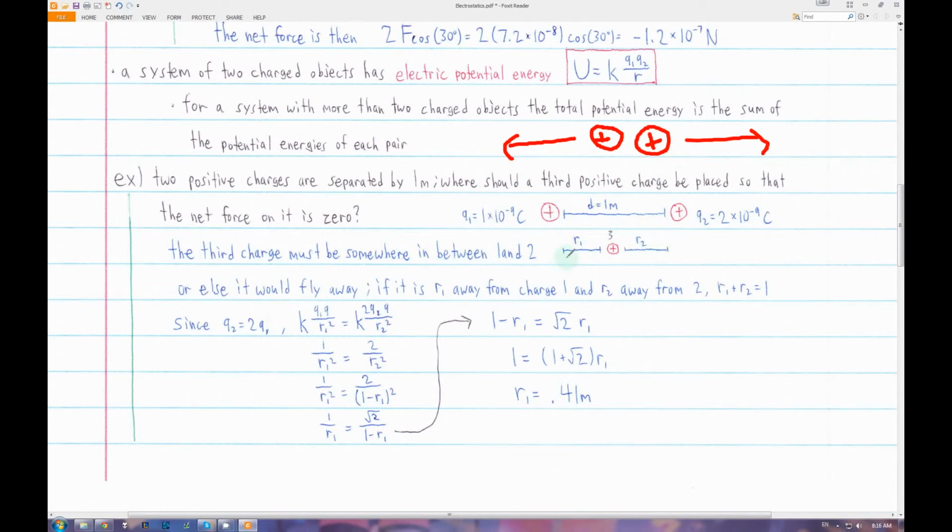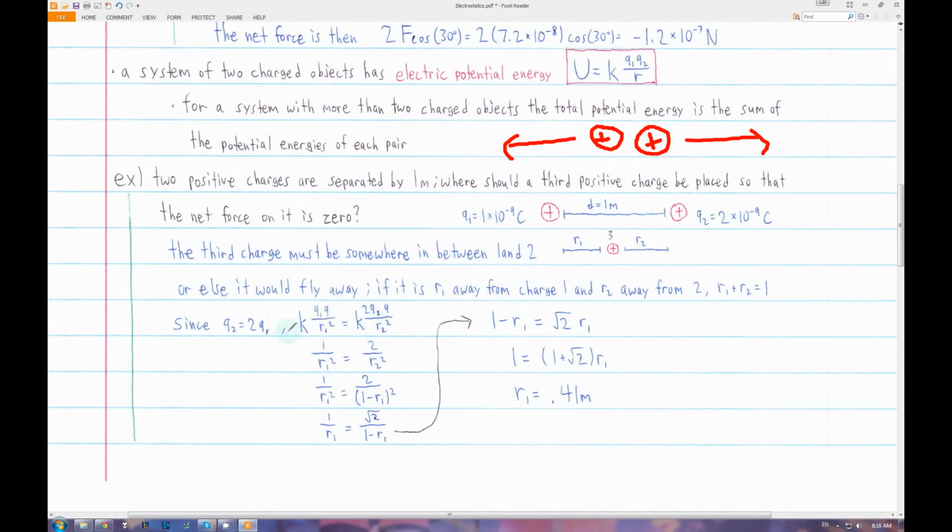So we want to solve for either r1 or r2. And we know that r1 plus r2 is equal to 1, because that's the total distance between charges 1 and 2. And we also know that Q2 is just double that of Q1. So if the net force is 0, then the force exerted on charge 3 by Q1 is equal to the force exerted on charge 3 by Q2.